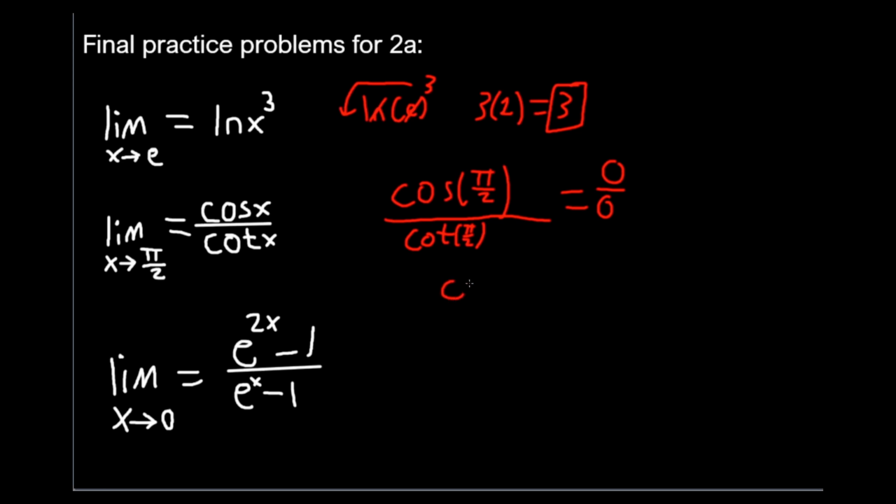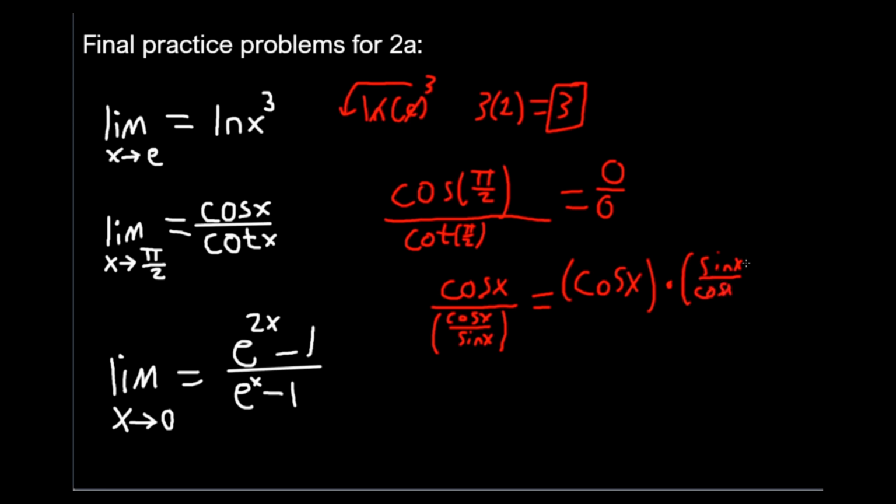Okay, so cosine of x over, we don't really like cotangent because it's a little bit awkward, so like I said earlier, cotangent is cosine over sine, so we're going to do cosine x over sine of x, like that, which is going to give us cosine of x times sine of x over cosine of x.